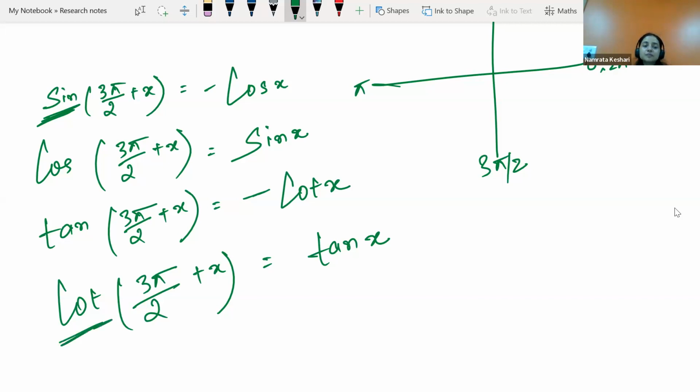This plot, this is positive or negative in the fourth quadrant? Negative. Result will be okay.